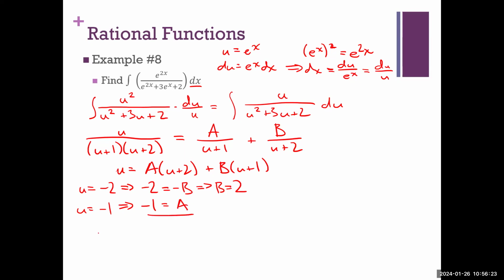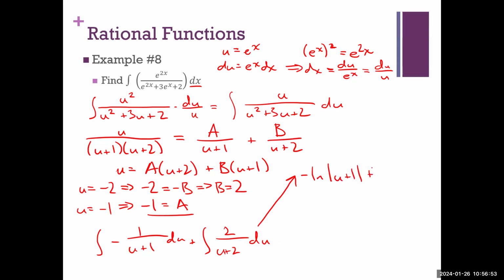So now what am I really integrating? I'm integrating -1 over u plus 1 du plus the integral of 2 over u plus 2 du. What are those integrals? The negative natural log of the absolute value of u plus 1.